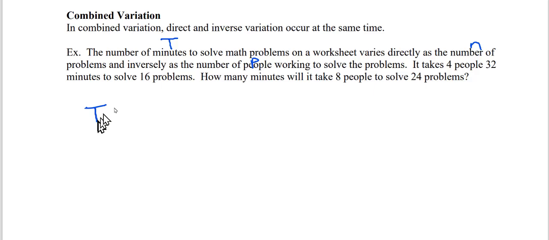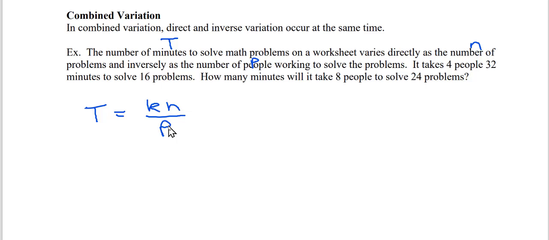When we go to write that equation, we say T, the number of minutes, or time, will equal, it varies directly as the number of problems, so that's Kn, and inversely as the number of people. We don't need another constant, because if you had another one in there, they'd be multiplied, and a constant times a constant is still a constant, so we don't need to complicate it with extra constants. So that's our equation.